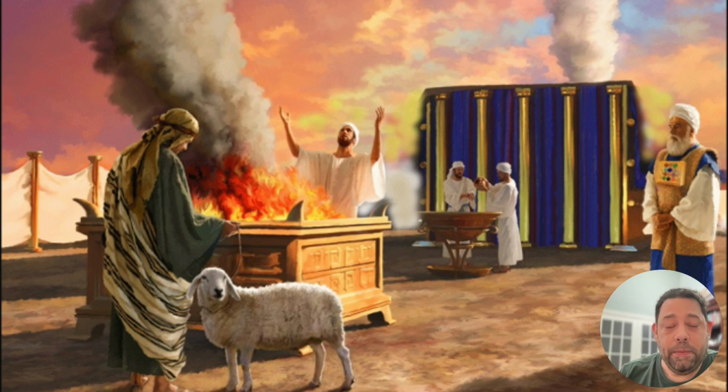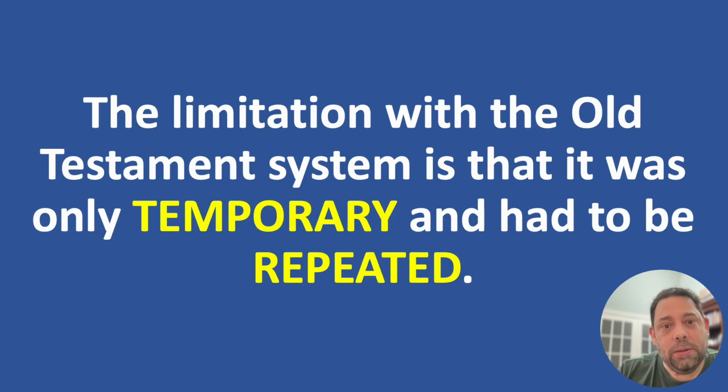Now, the thing about the Old Testament sacrificial system is that it was limited in scope. The limitation was that it was only temporary and had to be repeated. And so every year, every month, every week, people would be making these sacrifices, and then they would have to come back and do it again and again and again.